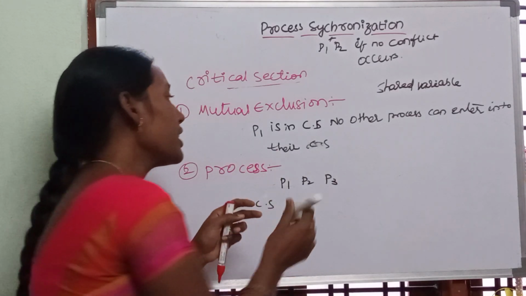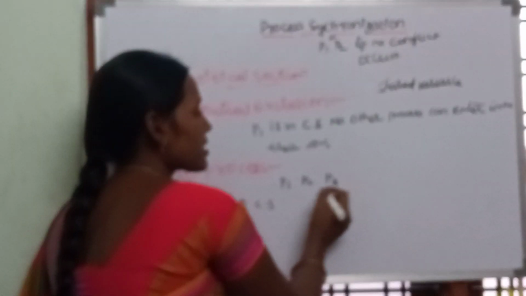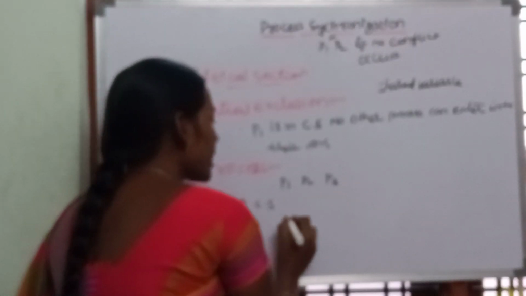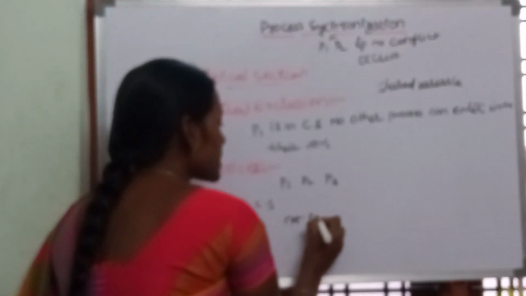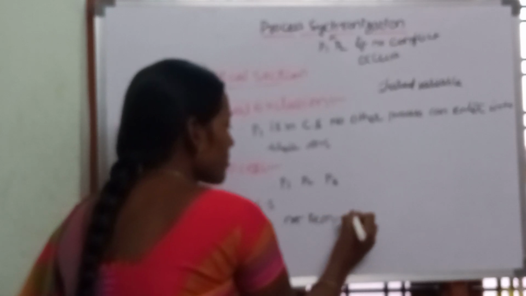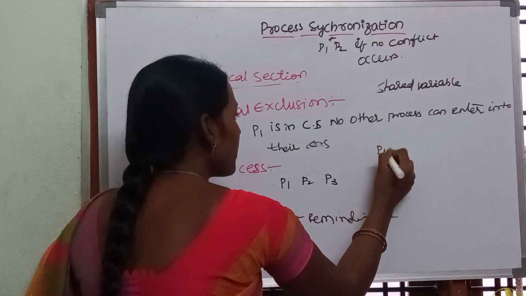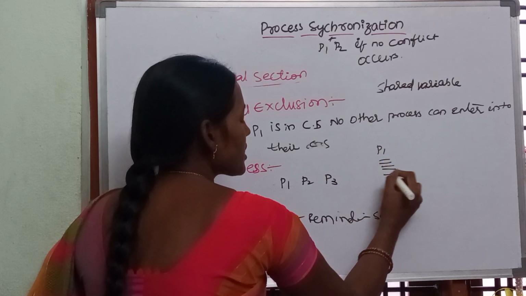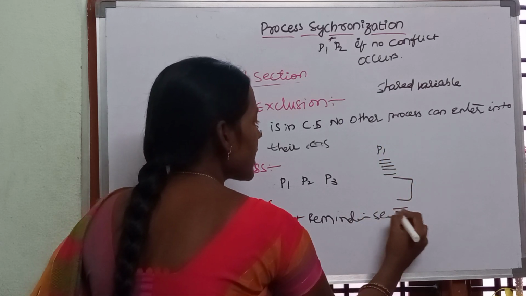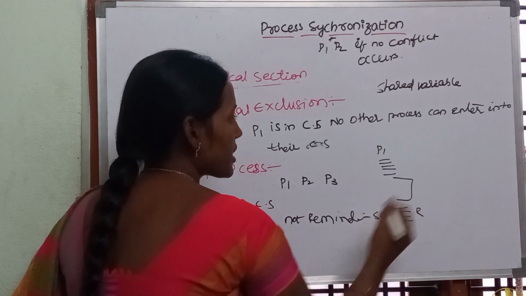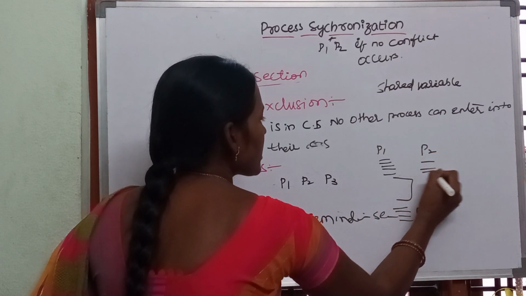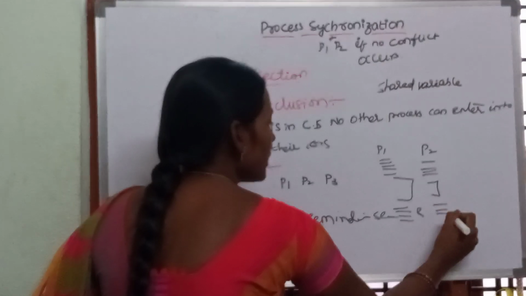But consider processes that are not in their remainder section. P1 is executing statements; here the critical section is there, and here the remainder section is there. P2 is the same, with a critical section and a remainder section.